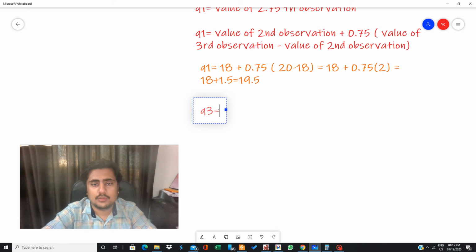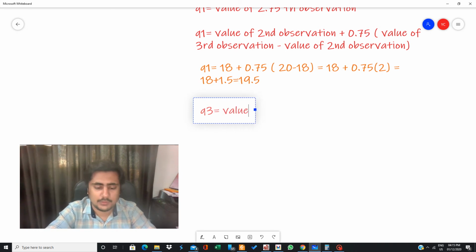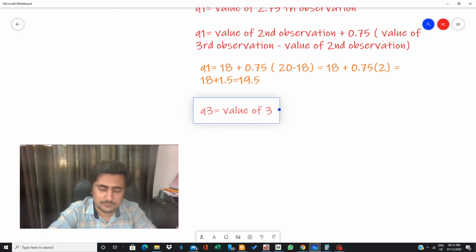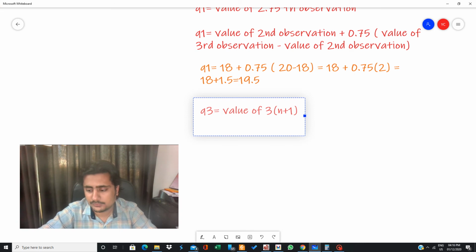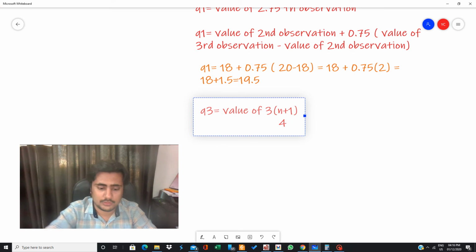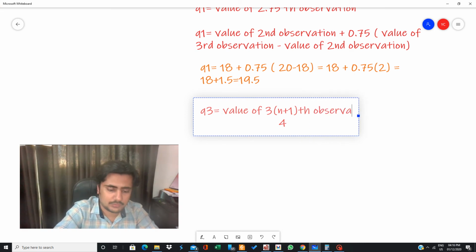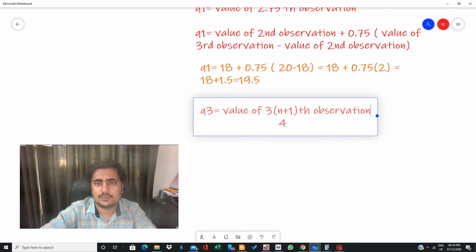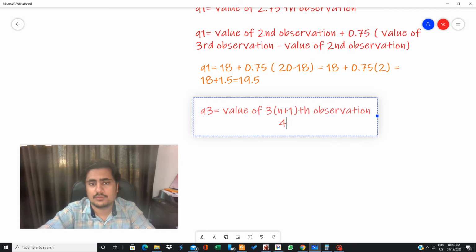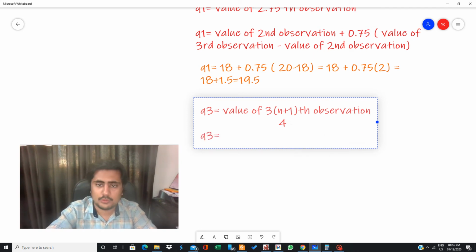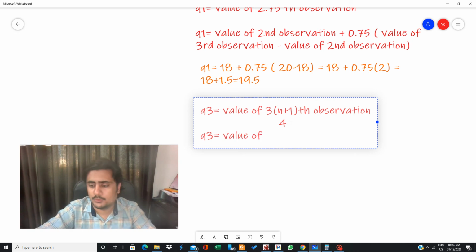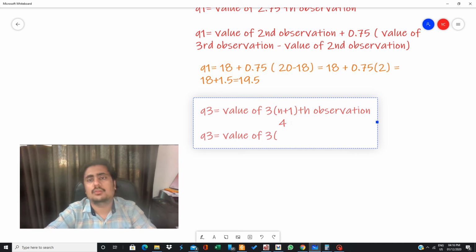Now to find Q3, it is the value of 3 into (10 plus 1) upon 4th observation. What is n here? Again n is 10.